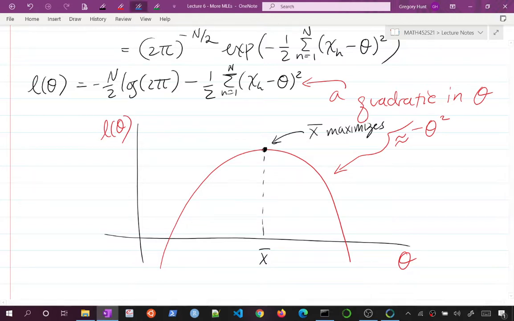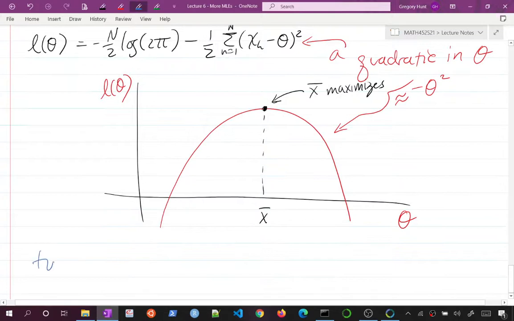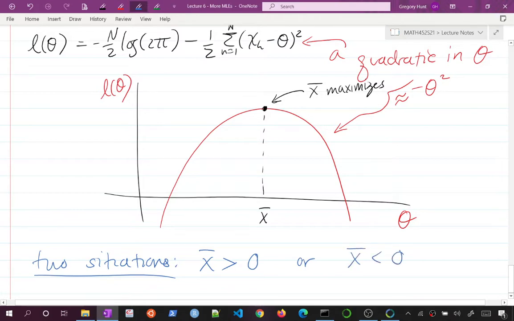And so we have two situations here that we need to contend with. One, x bar could be bigger than 0, or two, x bar could be less than 0, right? And we kind of need to contend with that. You notice I didn't say either is equal to 0.